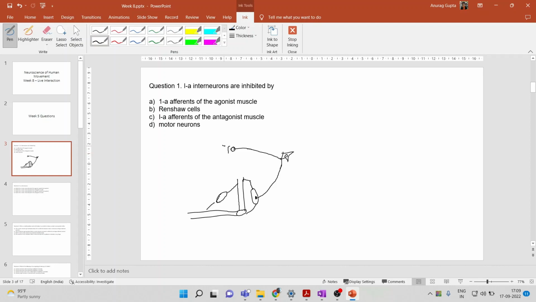So we have another interneuron here, which is the 1A interneuron, and this is the 1A afferent. And then we have the alpha motor neuron here, which supplies the antagonist muscle.